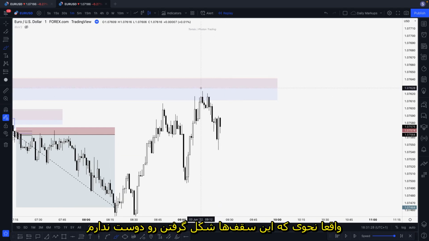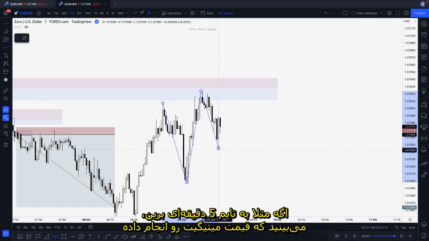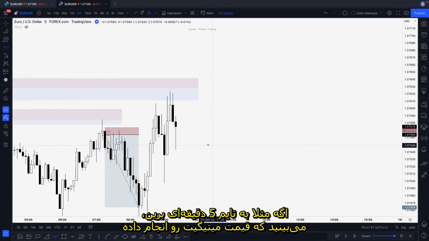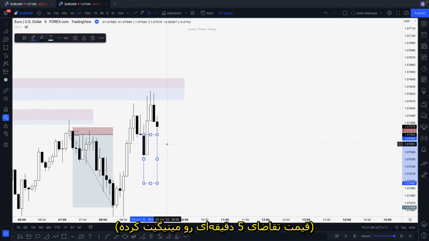First and foremost, I really don't like the way these highs were formed. Second, you have here the push down, right? The push up and the push down again. So if you go, for example, to M5, you can see that price already mitigate this M5 demand.